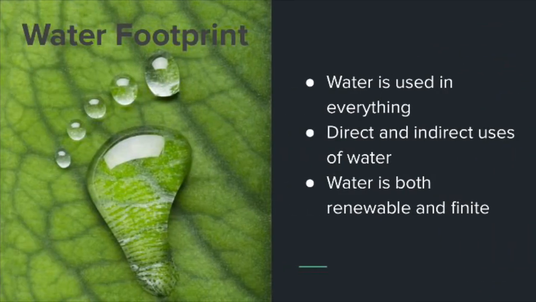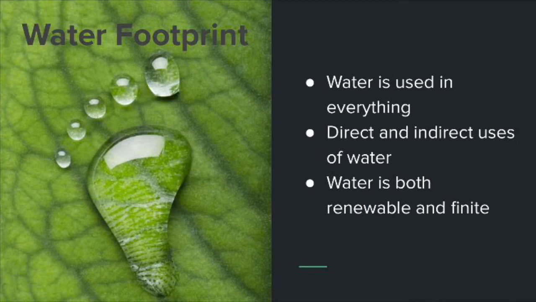So the next footprint I decided to measure was my water footprint. So water is used for everything in life, what we wear, what we buy, what we eat. And it's very clear that there are direct and indirect uses of water. So for direct uses, that's like when someone showers or they cook or they brush their teeth, they have direct control and a clear idea of the water that is coming out of the faucet.